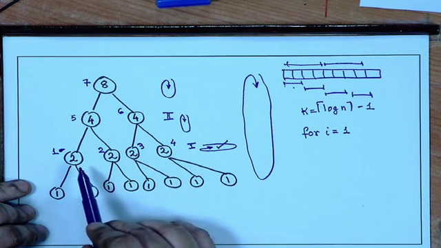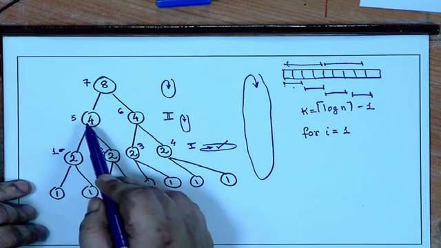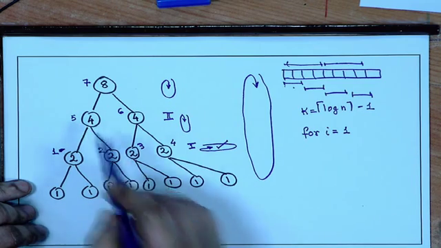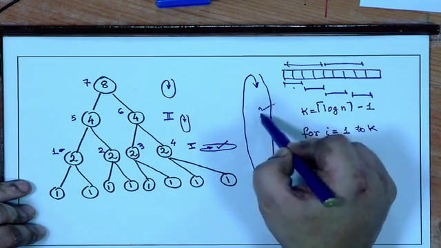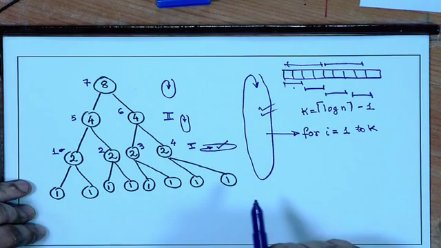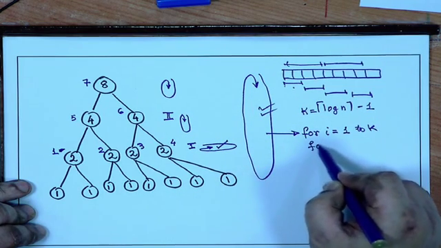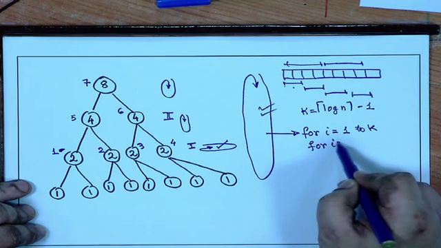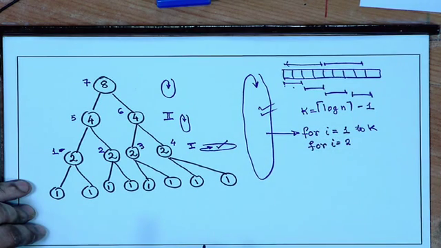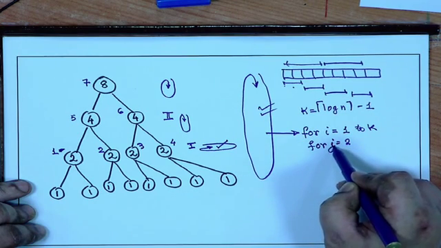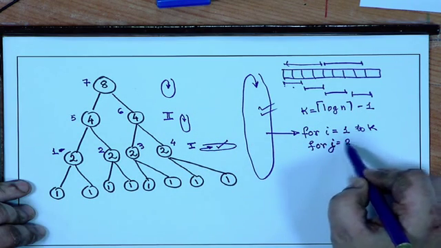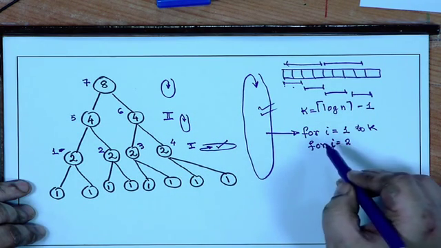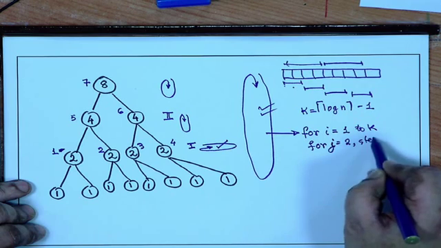Only if you have 4 elements will you require 2 iterations. So, for i equal to 1 to k will be your outer loop. Then the inner loop will start with j equal to 2, taking elements 2 at a time, and in every loop there will be an increment of step.